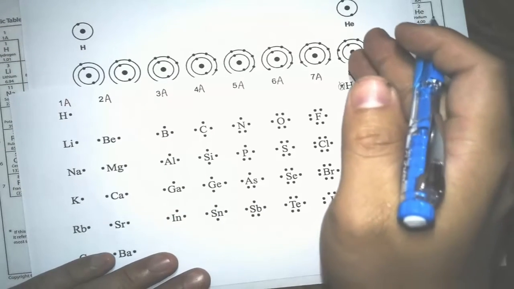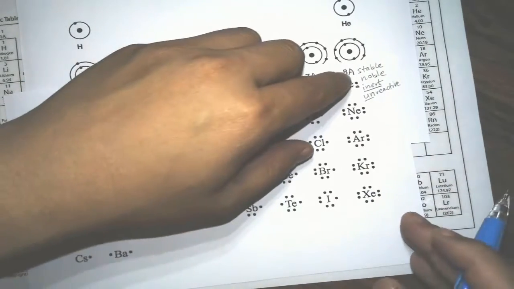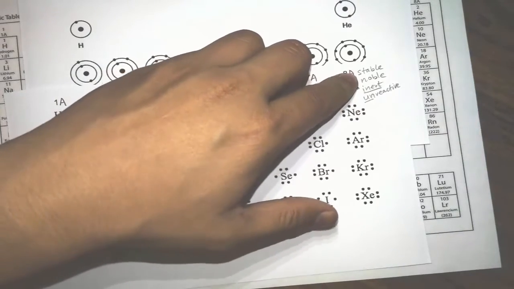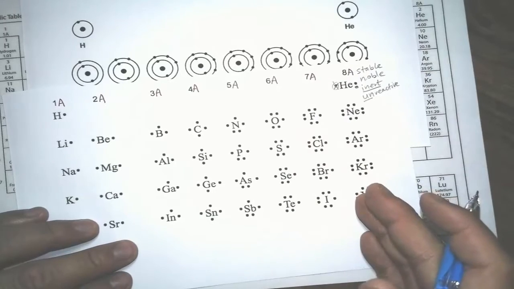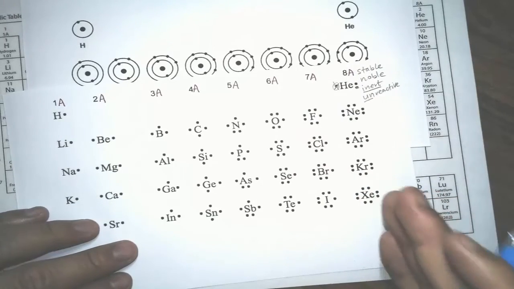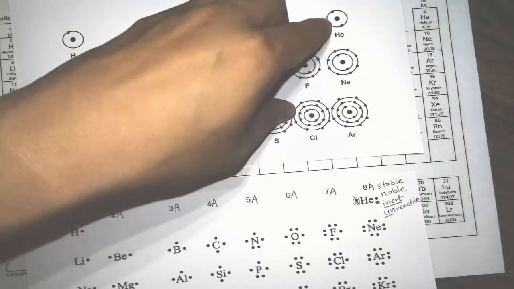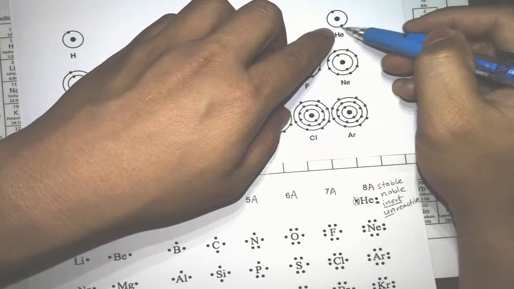And because all the elements in group 8A are stable, that is because they are inert, unreactive, known as the noble gases, we can look at their valence electrons to determine the pattern of why they are stable. First of all, if we look at the valence electrons, notice how the outermost shell is complete.